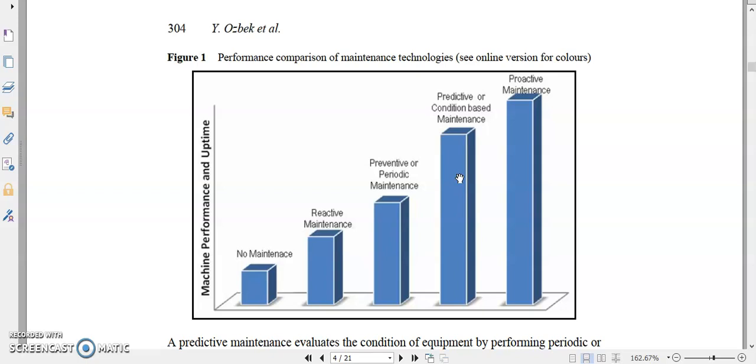So those machines will have the ability to inform the technician, the staff, that okay, these parts need to be maintained, these parts need to be maintained, and so on. And finally, we will have proactive maintenance, where advanced algorithms will be used in order to cater to the problem before the problem could take place.